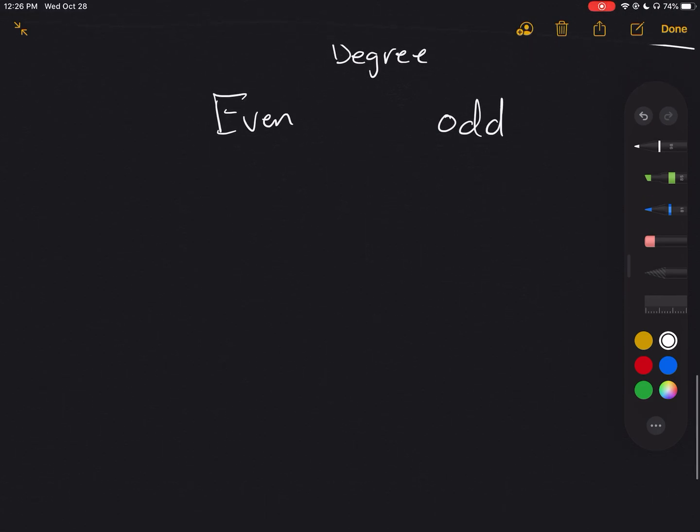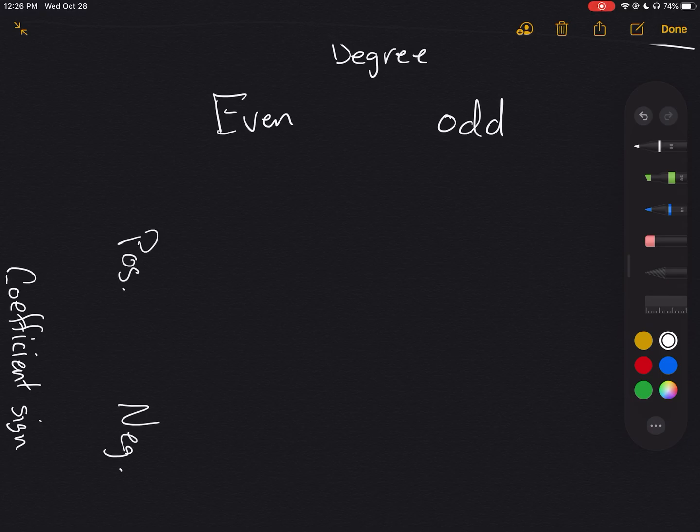And then on the left here, we'll do coefficient sign. And we'll have positive and negative.